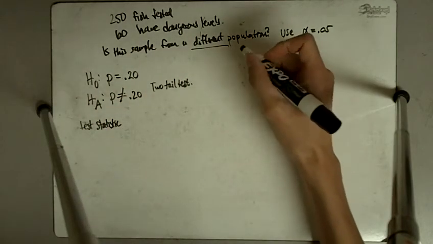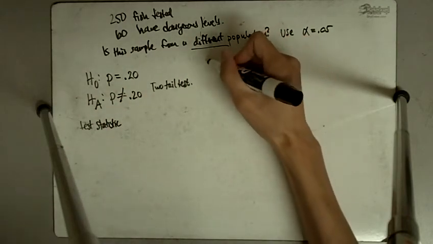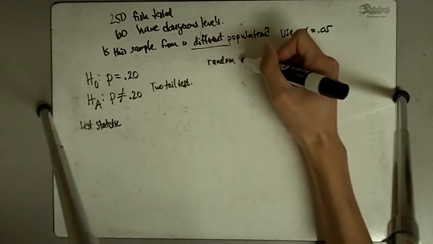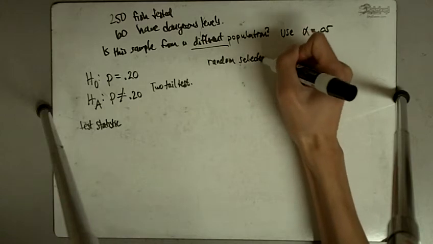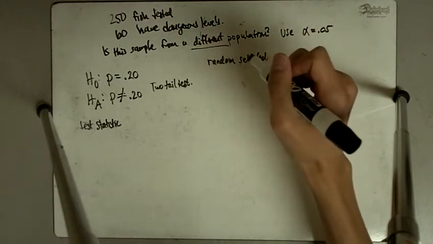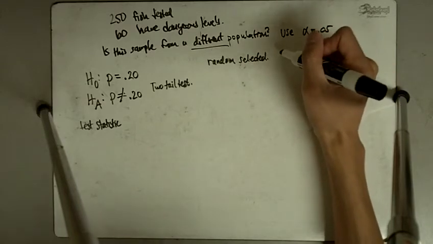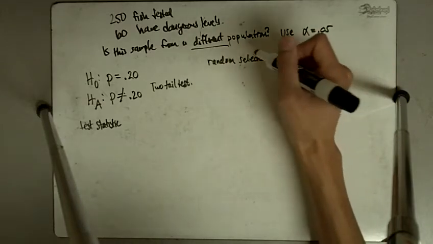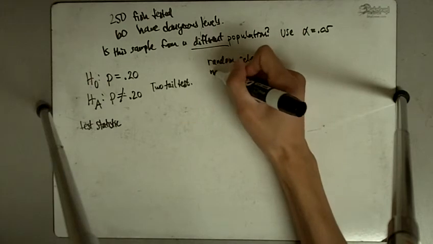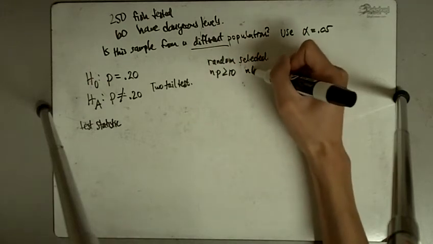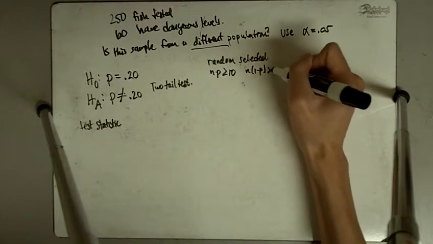First I should check the conditions. We have to assume that the fish were randomly selected. It doesn't say that explicitly, but we have to assume it, otherwise we cannot do our test. Is n times p greater than 10? Yes. Is n times 1 minus p greater than 10?